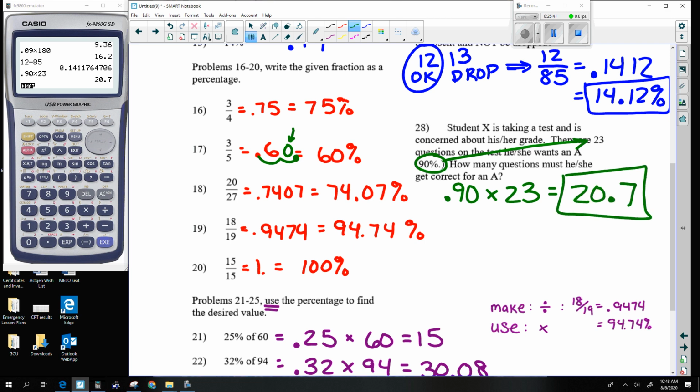So again, partial credit or something. They would have to get 20.7 questions correct. Technically 21 questions if they're full questions. Anyways, I digress. That is percentages, using and making percentages.